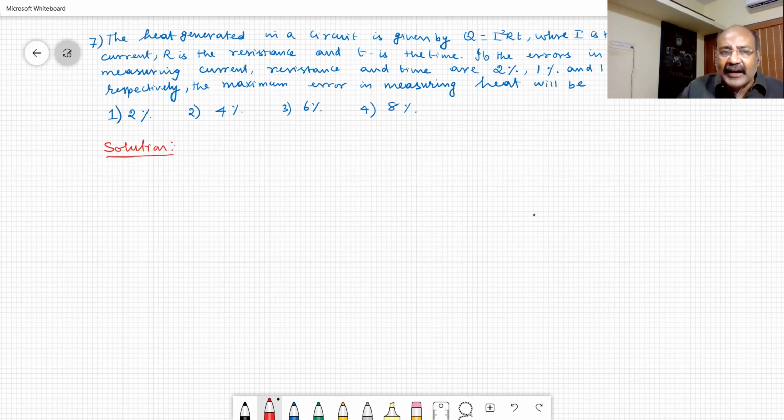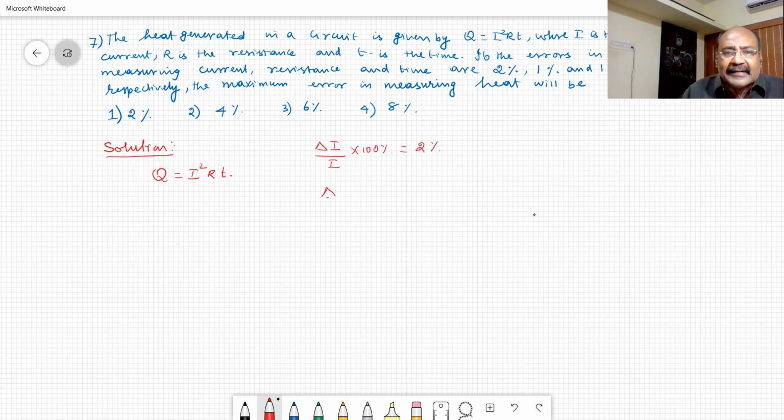So what is the formula given? The formula given is Q is equal to I square into R into T. What else is given? The errors in measuring the current: delta I divided by I into 100% is given to be 2%.